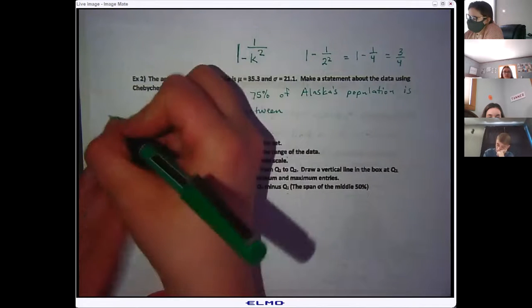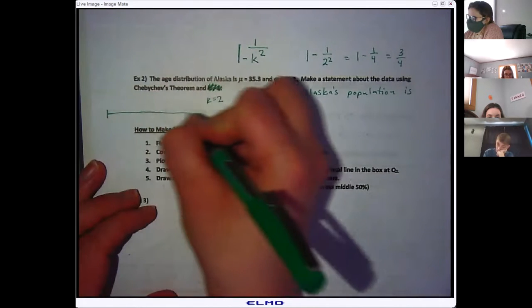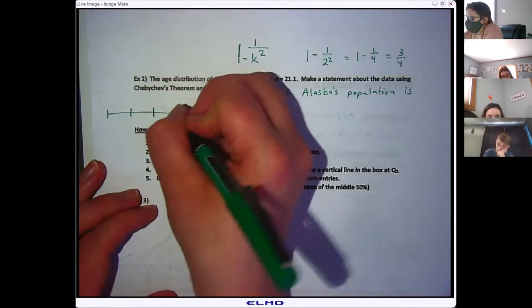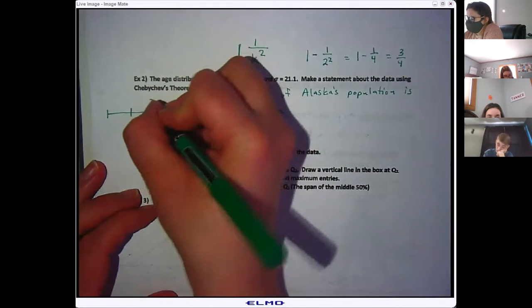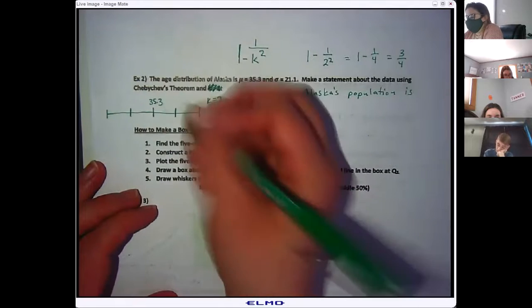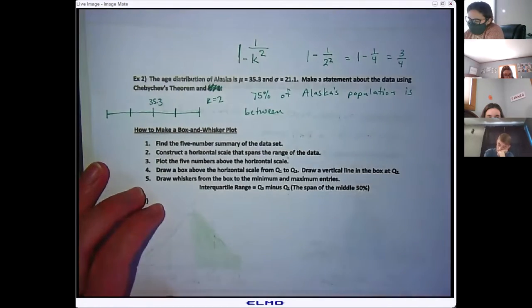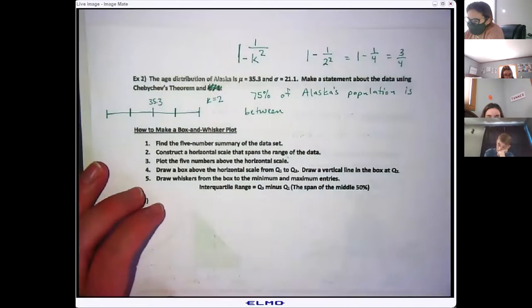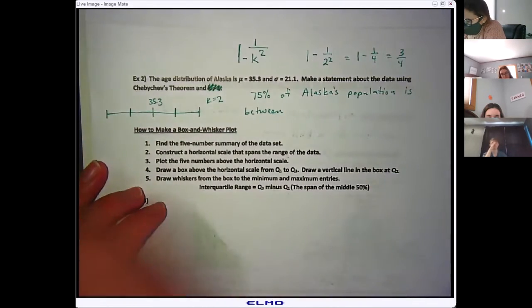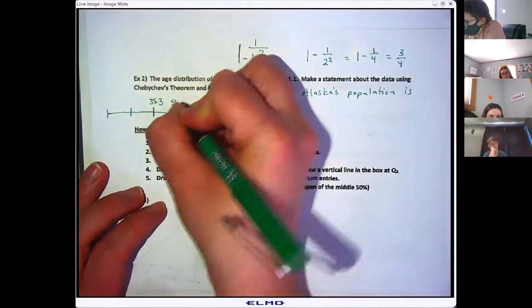So it's almost like, imagine that on the other page, you know how the empirical rule made a lot of sense to you guys? I want you to think about that, but imagine that there's not a bell curve on top of it, just like a number line. So we can think, okay, if I add 21.1 one time, I get 56.4.